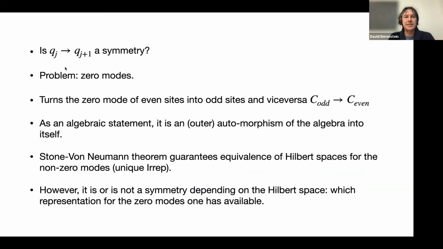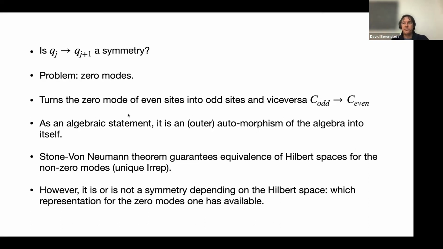When you have Qj going to Qj plus 1, you turn the zero mode of the even sites into the one of the odd sites and vice versa. So when you go from even to odd and odd to even, you're swapping the two zero modes. As an algebraic statement, the symmetry of Qj going to Qj plus 1 is a symmetry in the sense that it is an automorphism of the algebra of the Qs, but it's an outer automorphism.